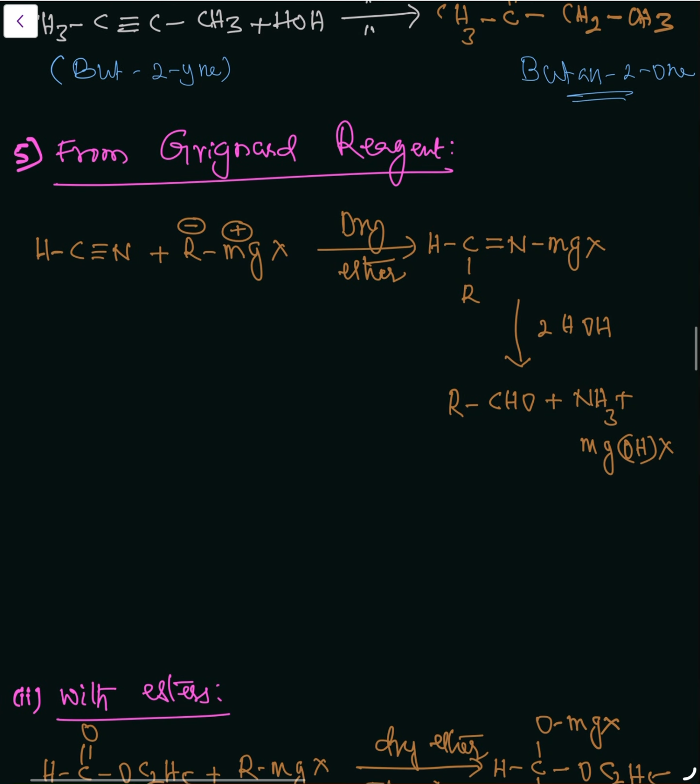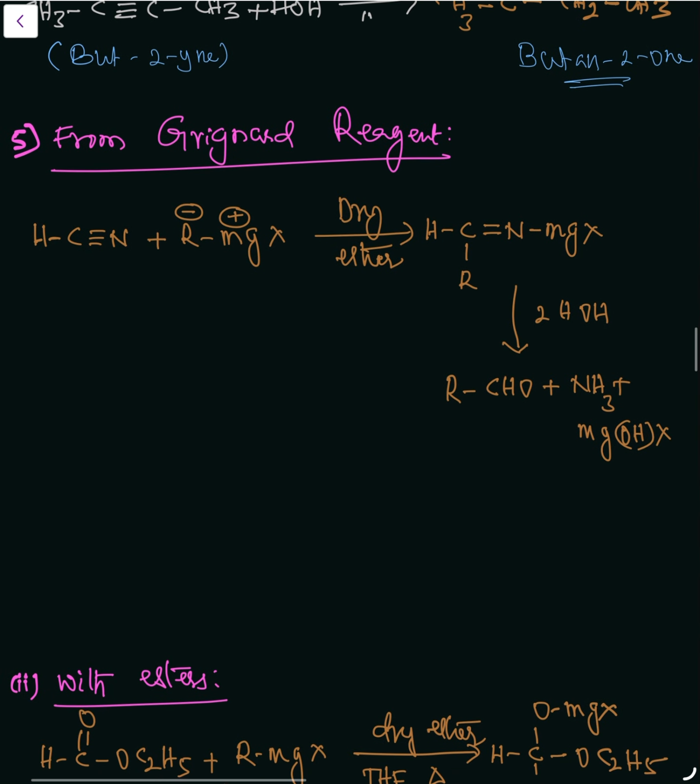From Grignard reagent. Related to Grignard reagent, we did many questions, right? So when Grignard reagent reacts with hydrogen cyanide, that is HCN, then the compound formed is RCH=NMgX. This undergoes hydrolysis and forms carbonyl compounds. Let us see how hydrolysis takes place. I'll write here hydrolysis.